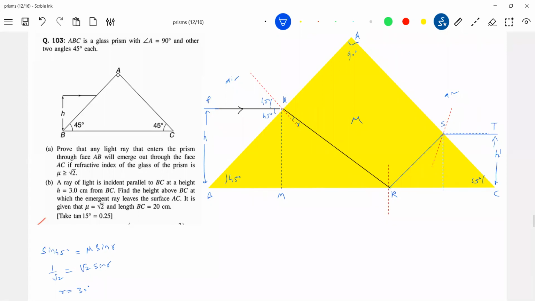Then, looking at this triangle, how much should this angle be? This angle of incidence I'll call I dash. This angle should be 45. I'm trying to get the value of I dash. This should be 90 minus I dash.